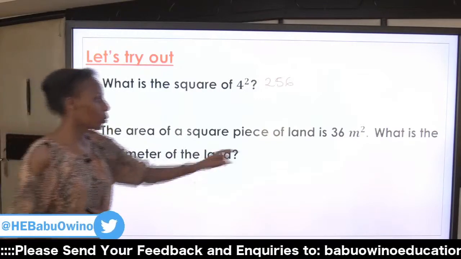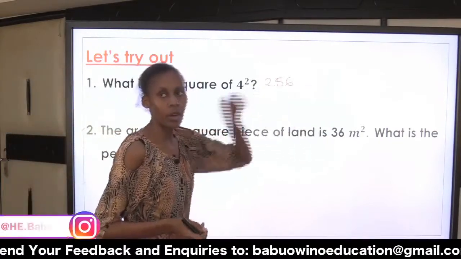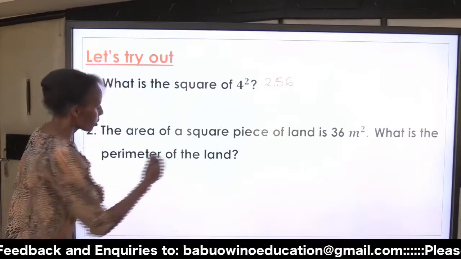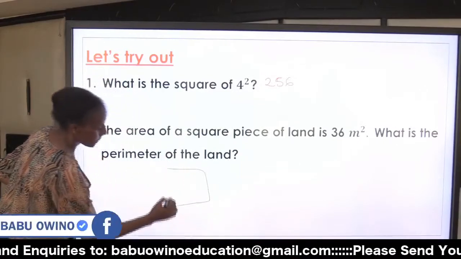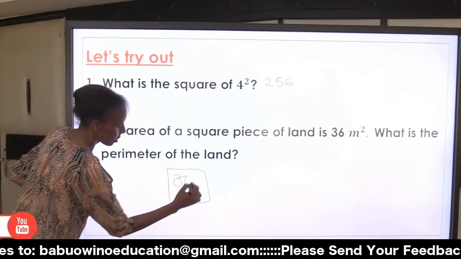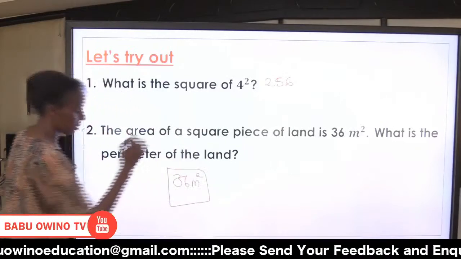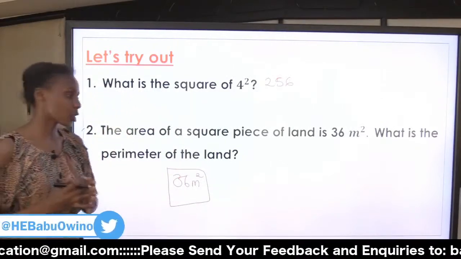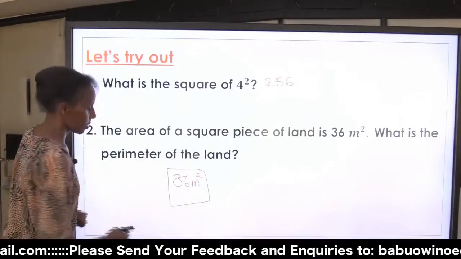So first of all, we need to get one side of that square land. So we have our land here, which is 36 square meters. And we have to prime factorize to get one of the sides.